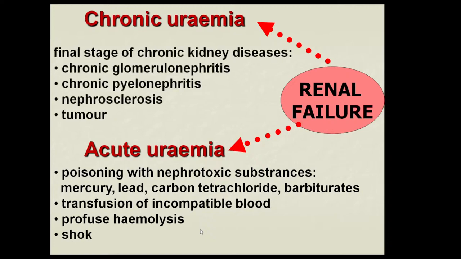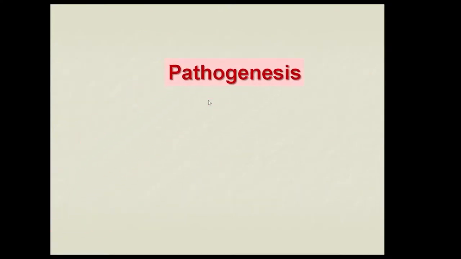Chronic uremia is the result of any chronic kidney disease, first of all diseases which affect both kidneys: glomerulonephritis, progressive nephrosclerosis, chronic pyelonephritis and neoplasms. I'll stop on the development of acute and chronic uremia because they are different.